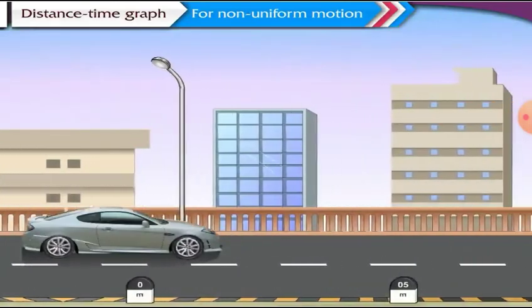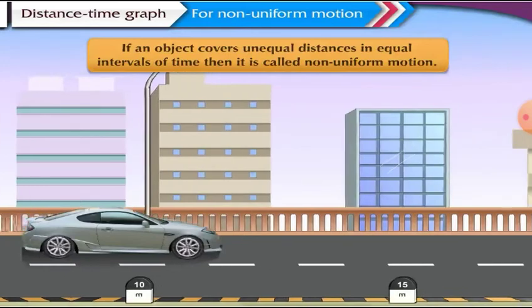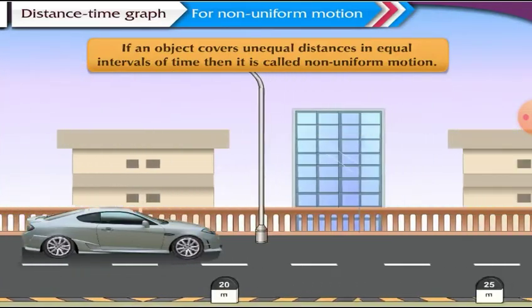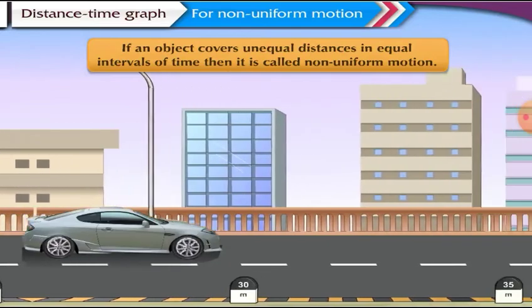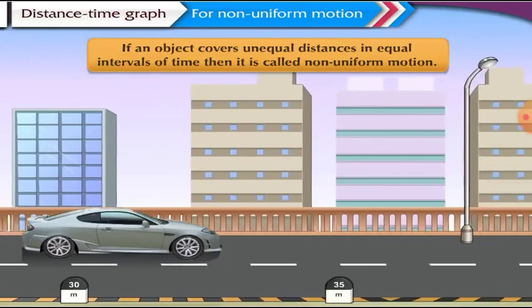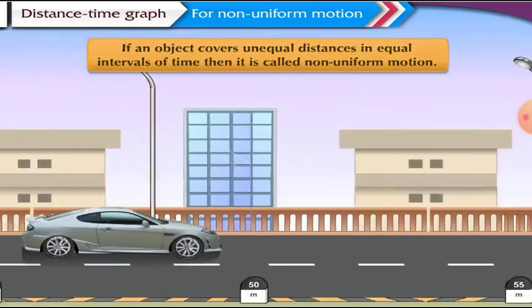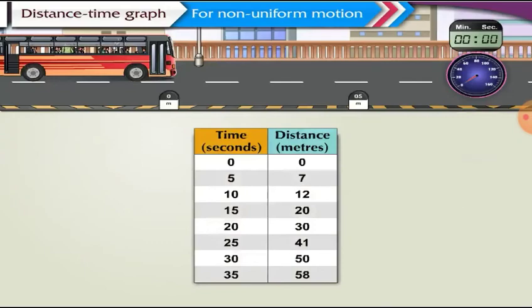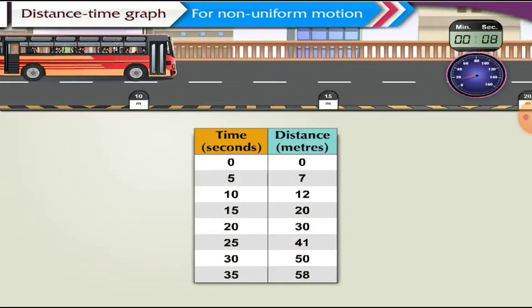As studied earlier, we know that if an object covers unequal distances in equal intervals of time, it is called non-uniform motion. Come, let us study the non-uniform motion of an object along a straight line with the help of the distance-time graph. The given table shows the distance covered by a bus in equal time intervals.